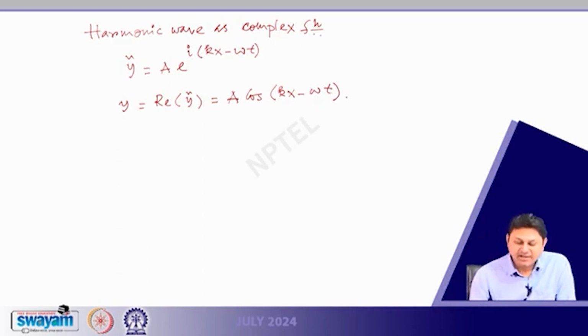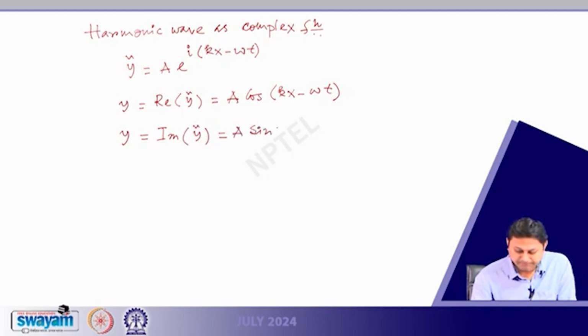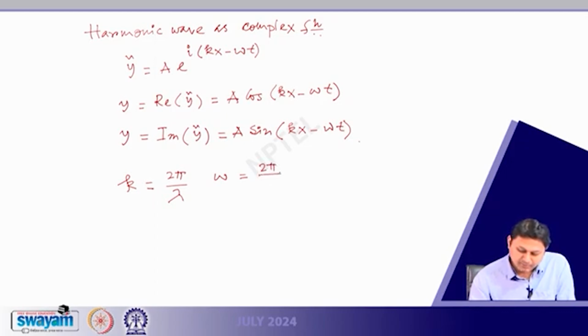If I write the harmonic wave in sine form, then I need to write the imaginary part of y tilde, and that is A sine(kx minus omega t), where k is the propagation constant defined by 2 pi by lambda, and omega is the angular frequency defined by 2 pi by tau.